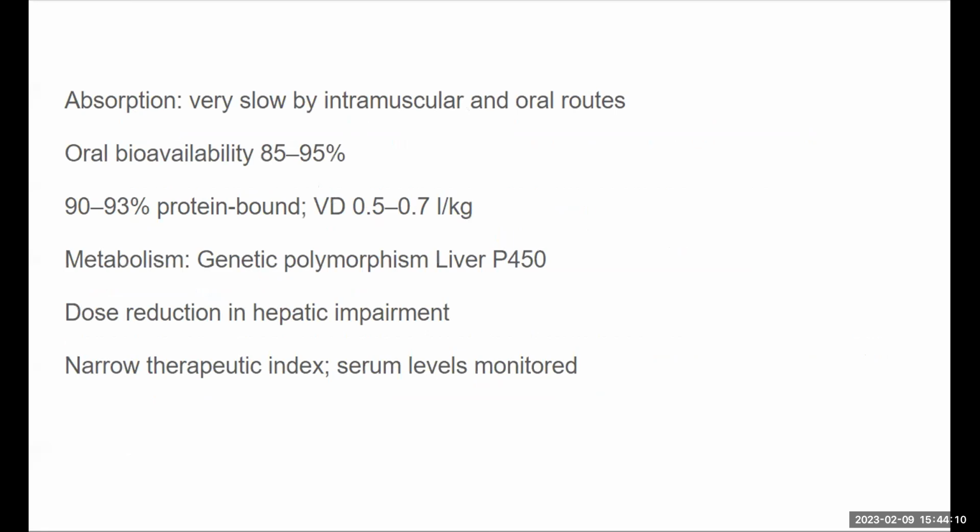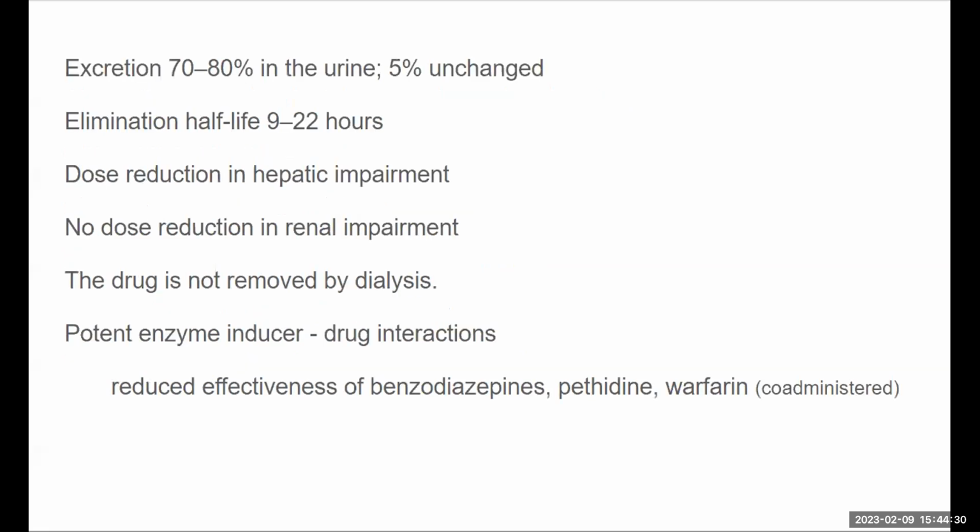It is liver metabolized with huge individual variability. Your dose needs to be reduced in hepatic impairment. And it has a very narrow therapeutic index. So that's why its serum levels are monitored, especially in patients who are using it as an anticonvulsant.